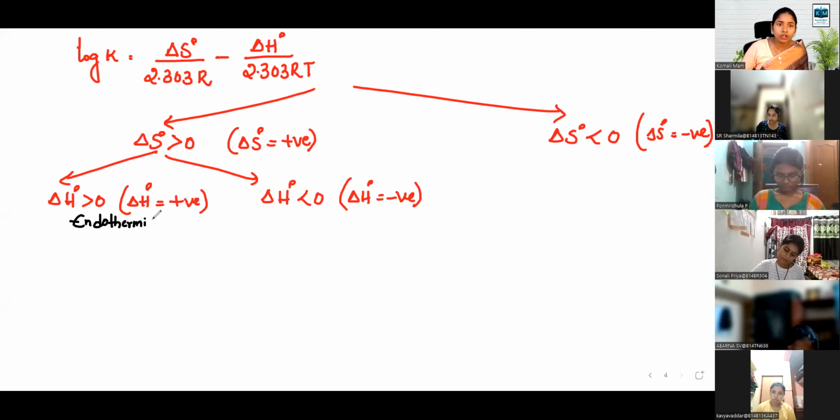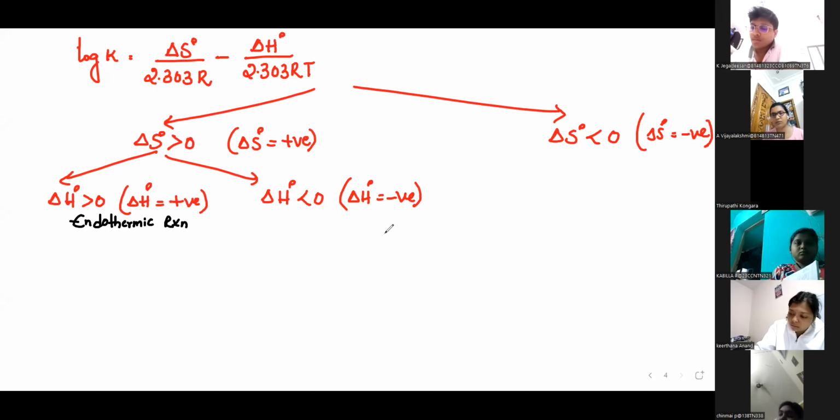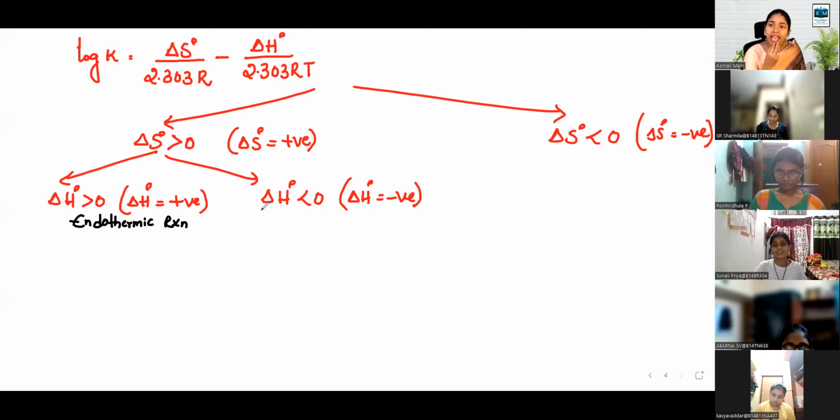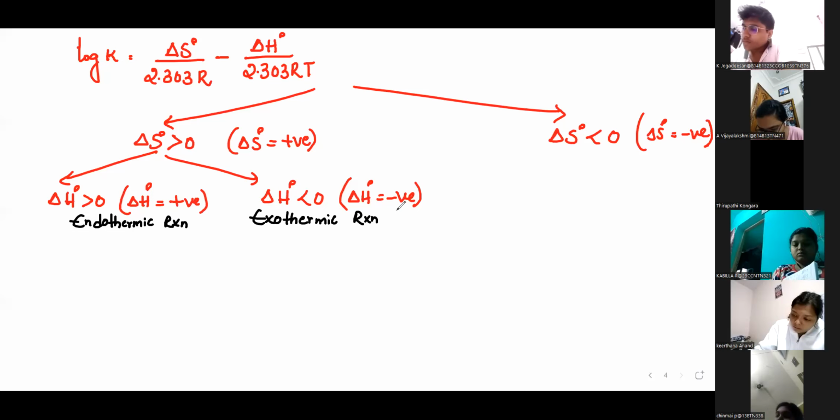Endothermic reaction. Okay. Now, see here, delta H naught will be negative. Delta H naught negative means which type of reaction it is? Exothermic reaction. Exothermic means it is releasing the heat.